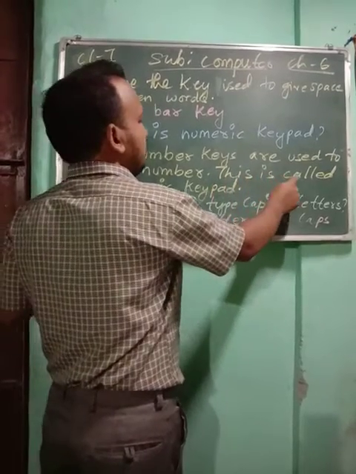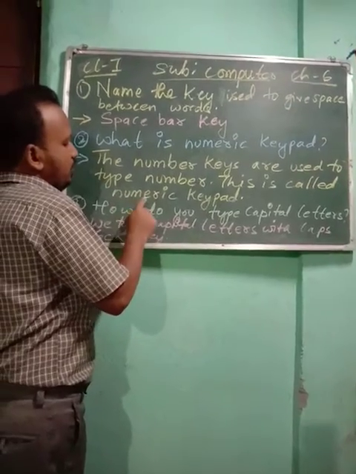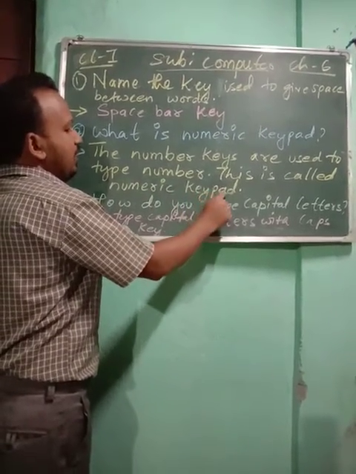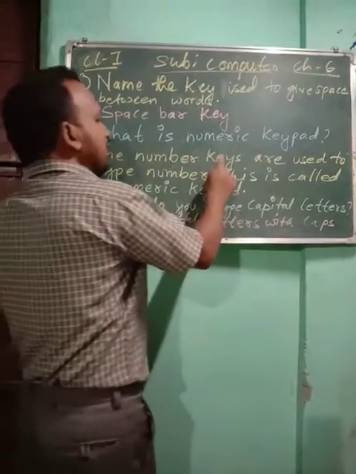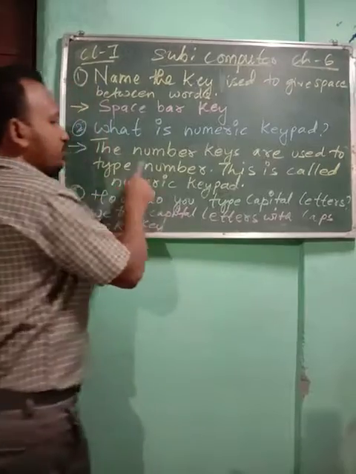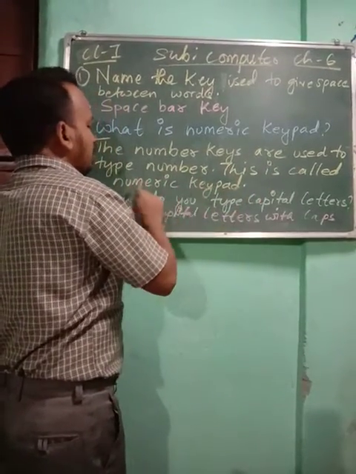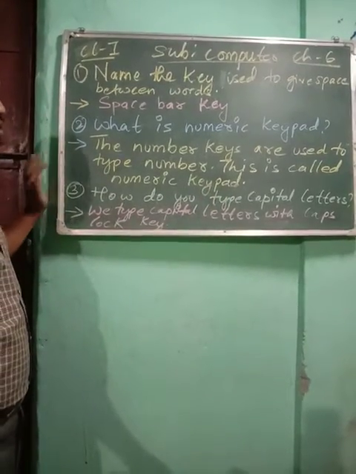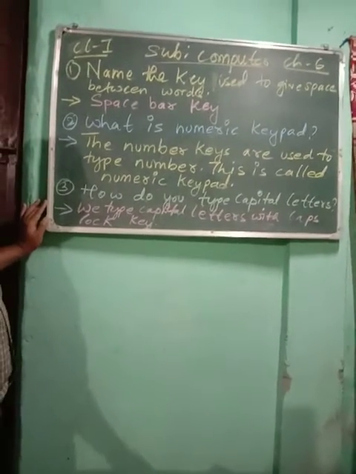This is called numeric keypad. So you see, the number keys are used to type numbers. This is called numeric keypad. Okay, children, so this was number 2. Now comes number 3.